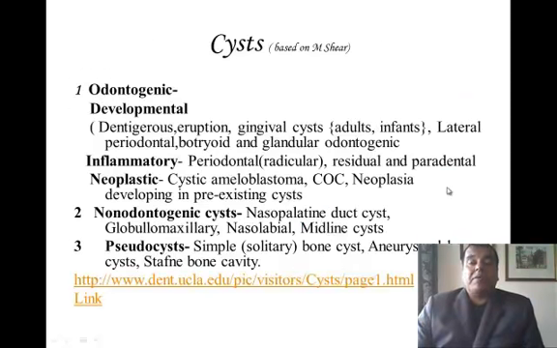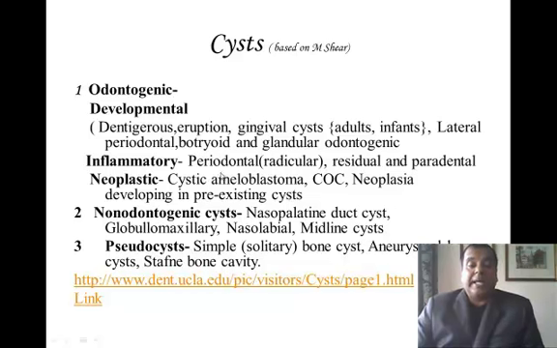Apart from bone lesions, there are also cysts of the oral cavity, which, based on Mervyn Shear's classification, can be divided into odontogenic and non-odontogenic cysts, as well as pseudocysts. Odontogenic cysts can be developmental, especially dentigerous, eruption, and gingival cysts, both of adults and infants, lateral periodontal or botryoid varieties of the lateral periodontal cysts.